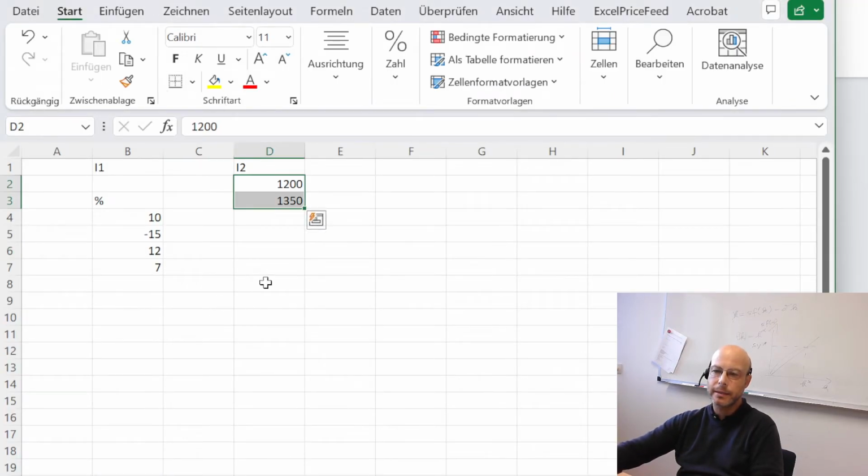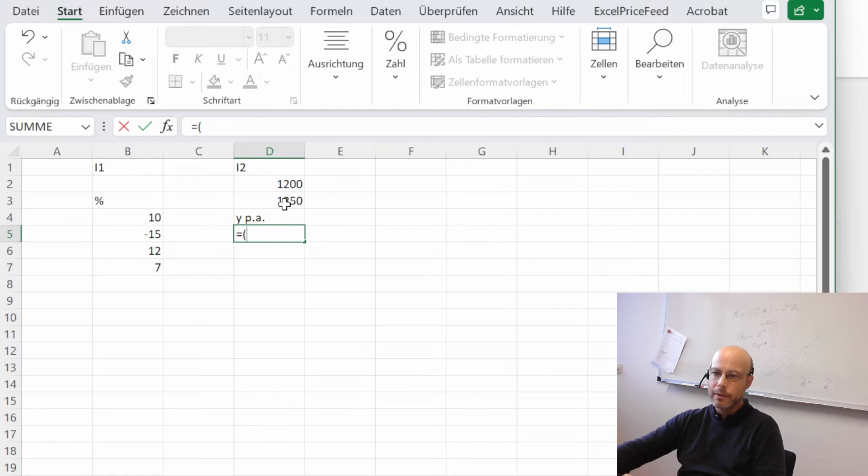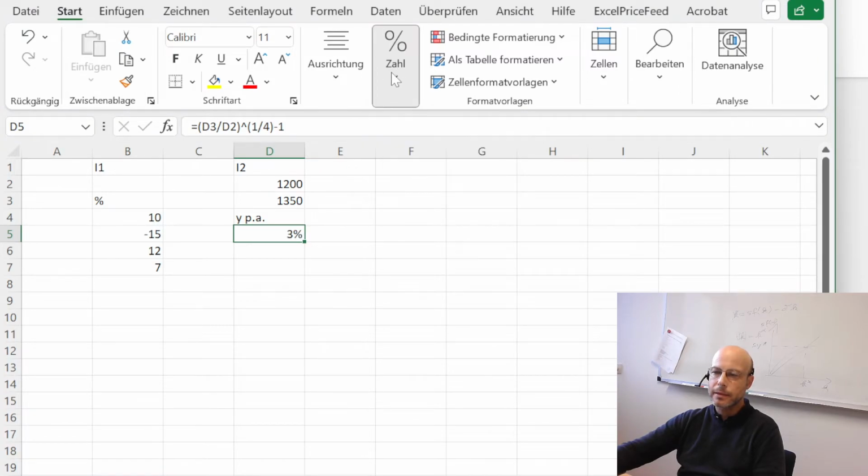So in this case, yield per annum equals 1,350 over 1,200 up to 1 over 4 minus 1. Let's take this in percent with, let's say, 3 digits.